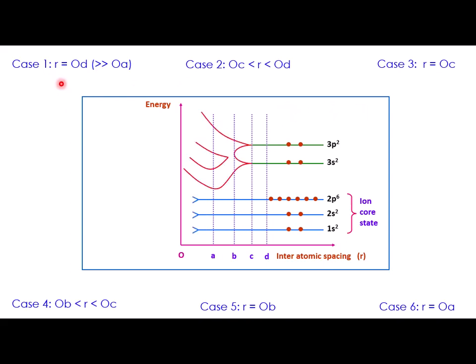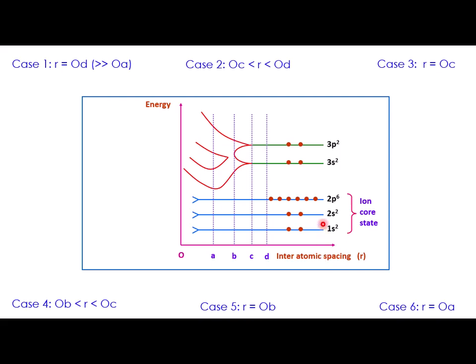Now, when R is equal to OD, or very much greater than OA, that means when the atoms are almost isolated, you can see that all the energy levels of all atoms are clearly distinct and exactly equal to each other.